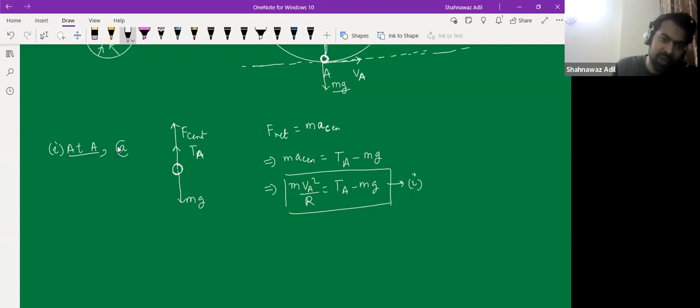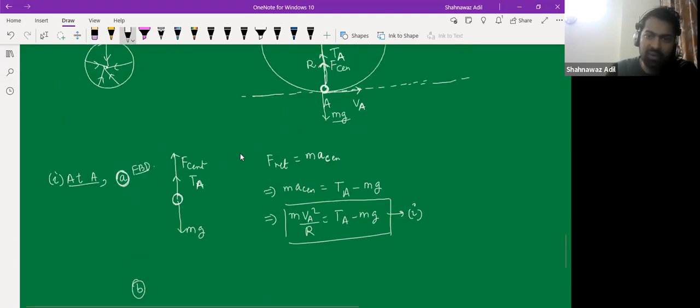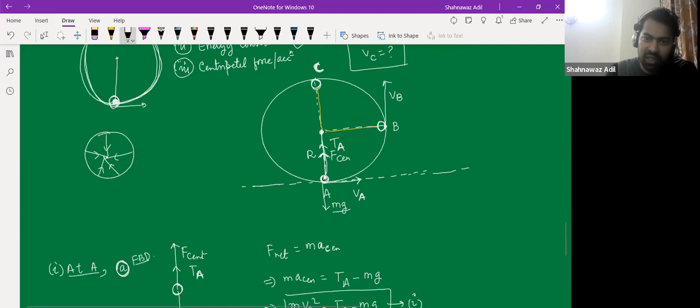We have used the free body diagram. B part we will use the same. Now we will use energy conservation.